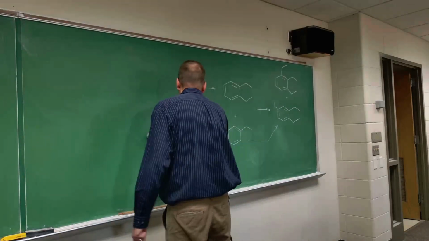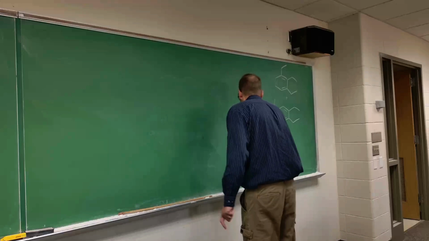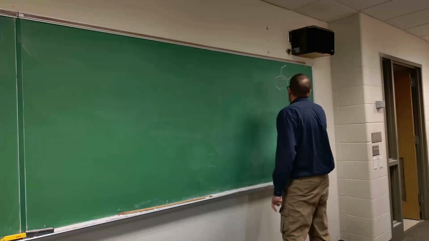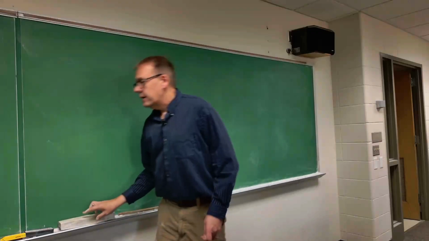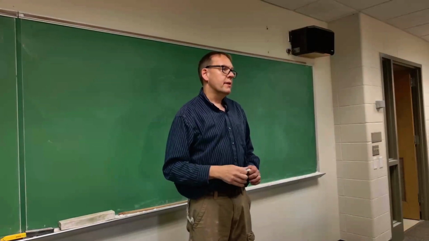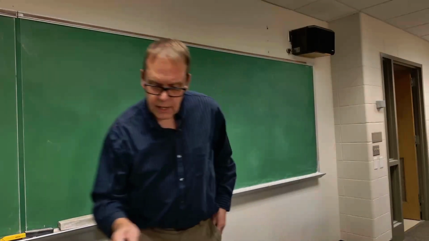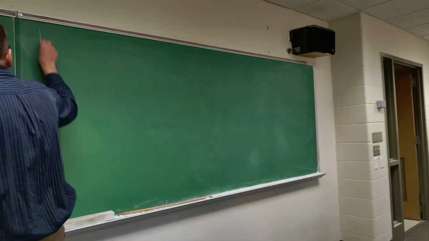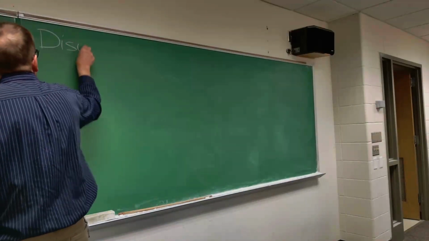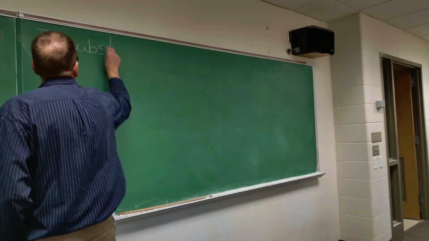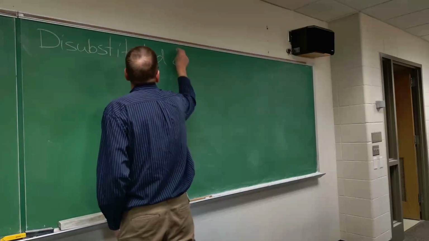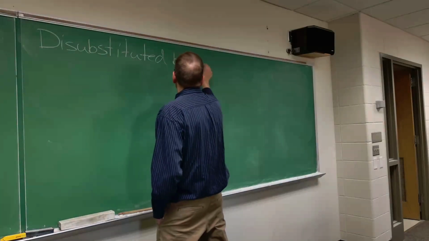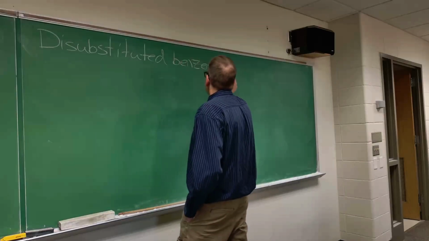And this happens a lot because aromatic rings in general have a lot of structural diversity, and there are a lot of interesting aromatic rings out there that have multiple groups attached. So this is all about disubstituted benzenes. How do they react?